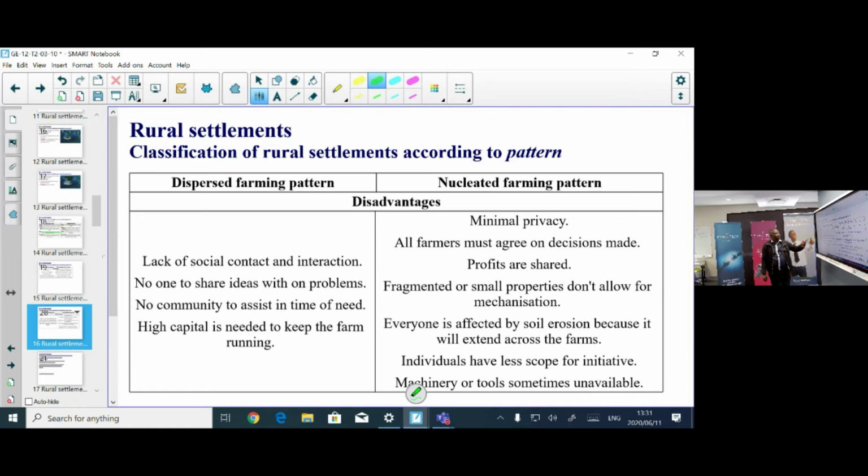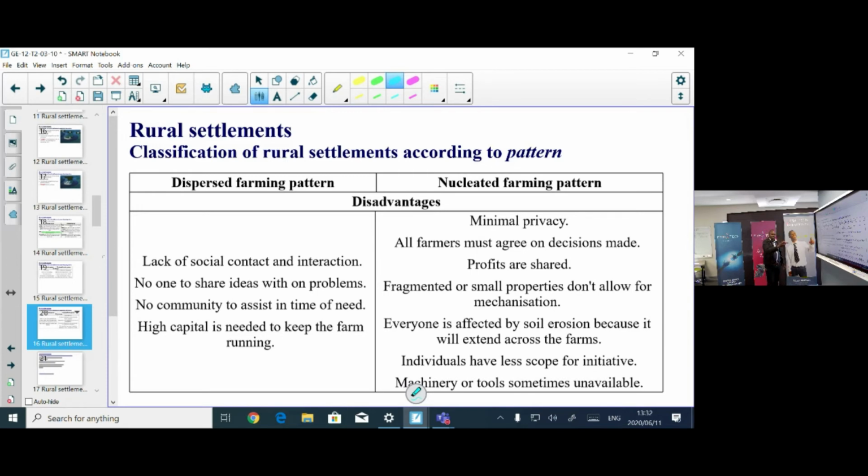And then on the nucleated farming, you have disadvantages of minimal privacy. All farmers must agree on decisions made. Fragmented or small properties don't allow mechanization. Everyone is affected by soil erosion because it will extend across the farms.